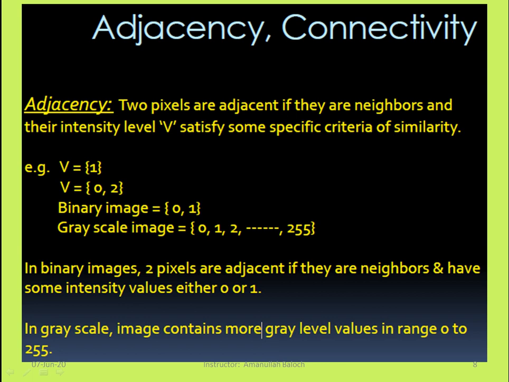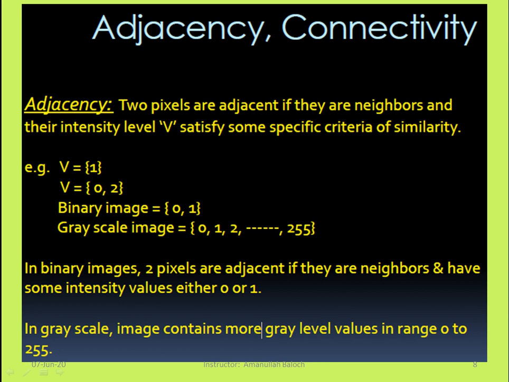Whether the image contains 500 pixels or 1000 pixels, the pixel gray value will be either 0 or 1 in the binary image. In a grayscale image, there are variations of shades of gray levels.